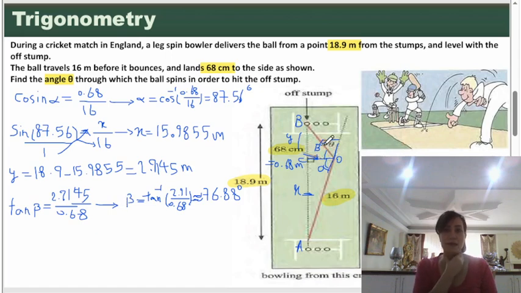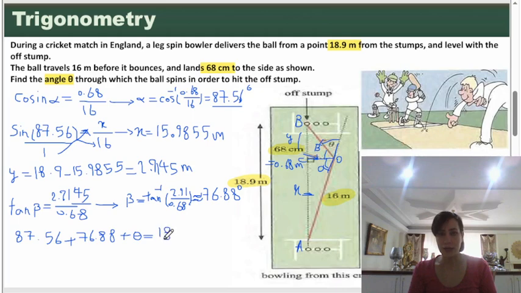Now, as I said, theta, beta and alpha add up to 180 because they are located on a straight line. So I say alpha, 87.56, plus beta, 76.88, plus theta equals 180.